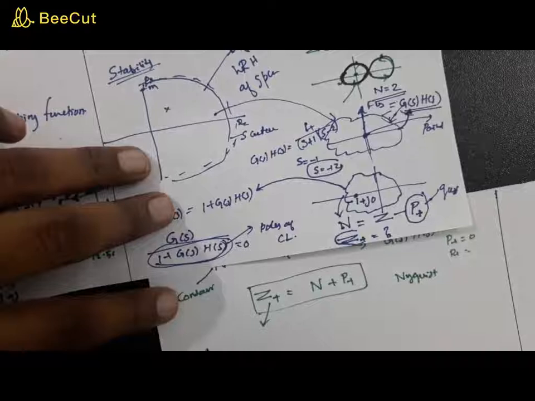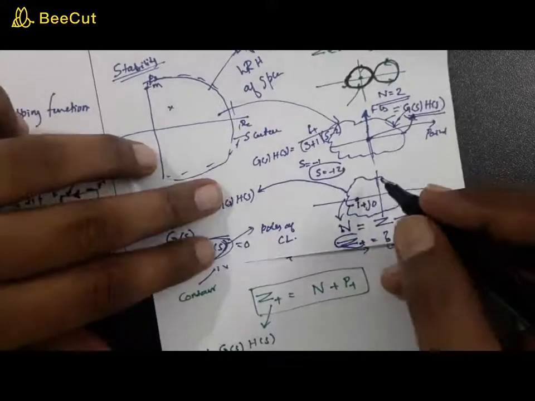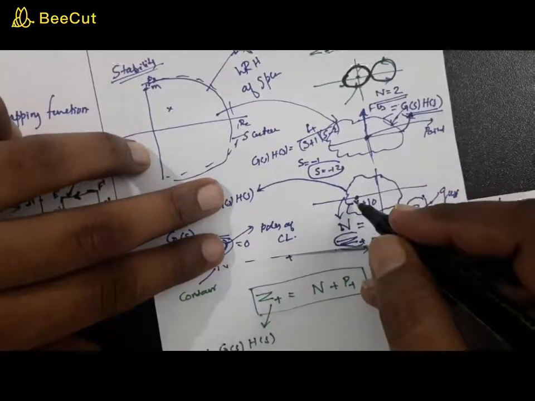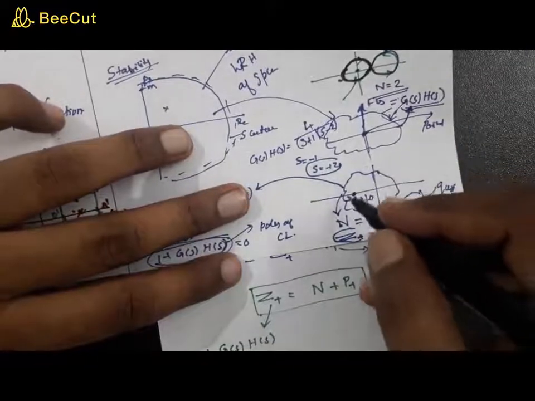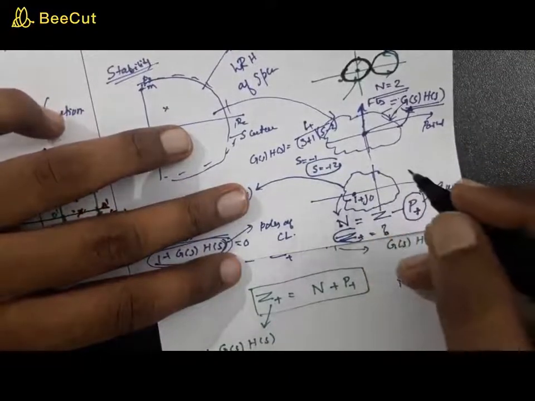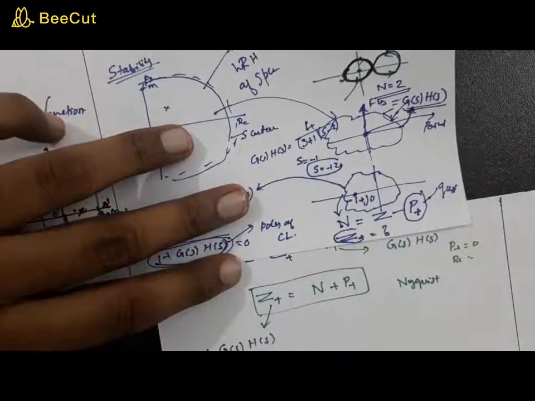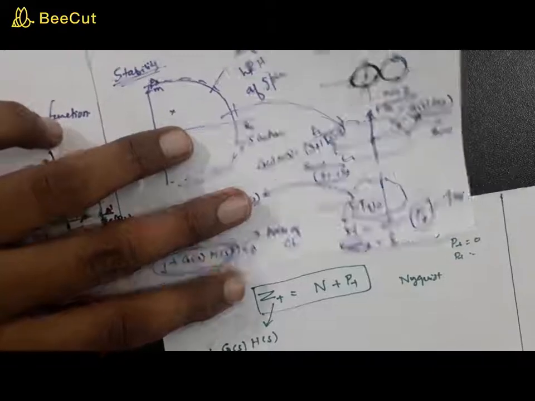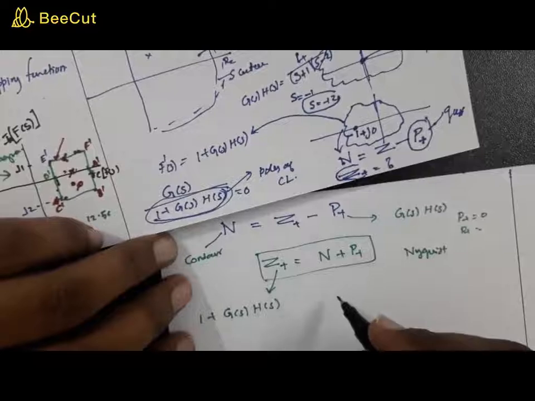Because we are interested not in GsHs, we are interested in 1 plus GsHs, which is the same contour, but the origin gets shifted to minus 1 plus j0. Now the evaluation of the encirclements around minus 1 plus j0 is what is called the Nyquist stability criterion. We'll come to that anyway.